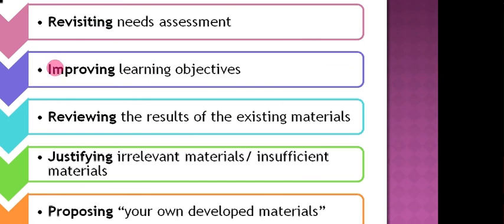Take for example, after you study the needs and then you decide what learning objective comes from the needs, you have to see: is the learning objective very specific and needed by the students, or does the learning objective still not connect to the needs result, or to what students need?